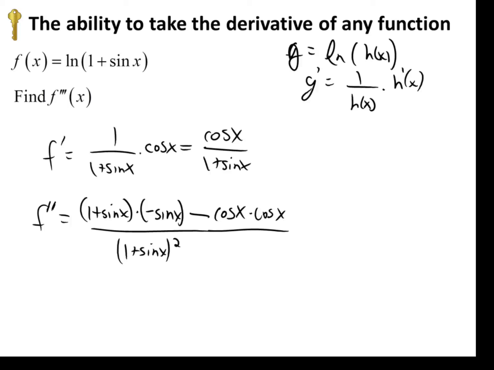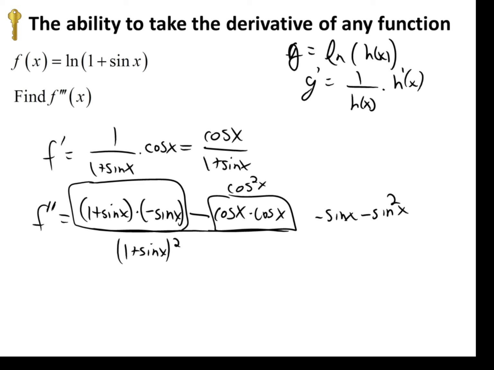Yes? This guy is definitely called cosine squared. You want to do anything with this? Let's distribute. It's called negative sine x minus sine squared x minus cosine squared x.